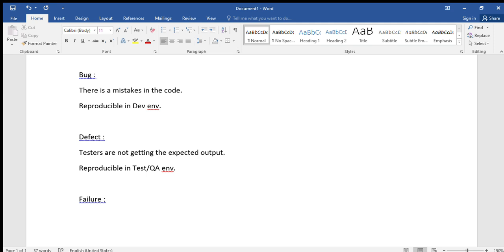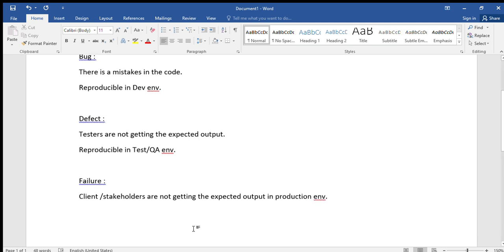So the client or stakeholders are also not getting the expected output in their production environment. At that time we can say it is a failure. So it is reproducible in the prod environment.